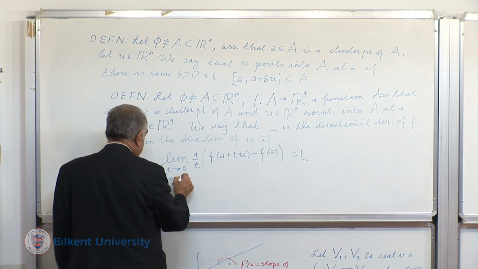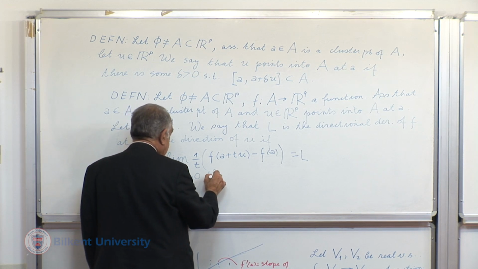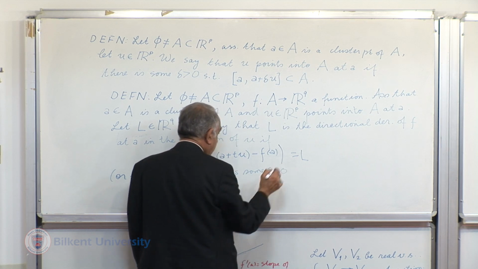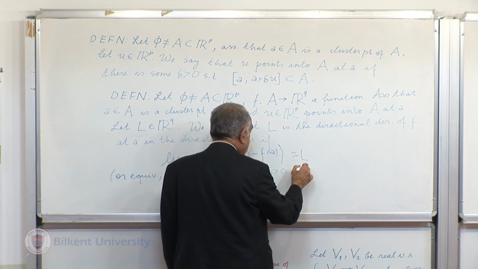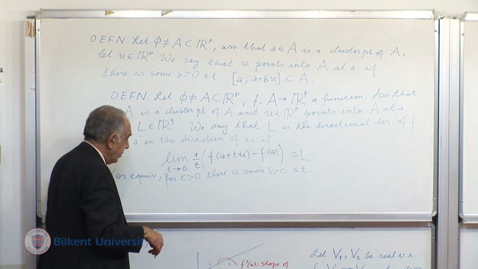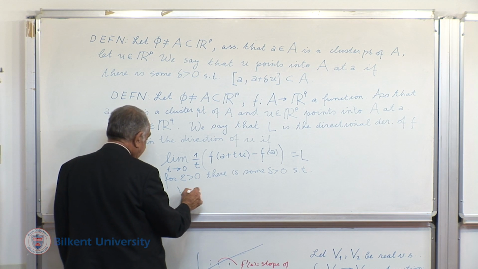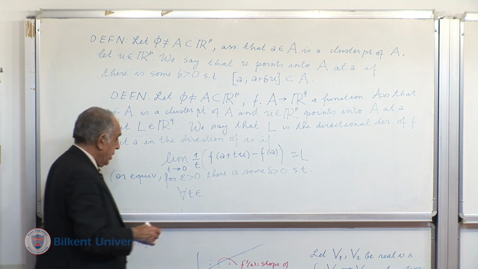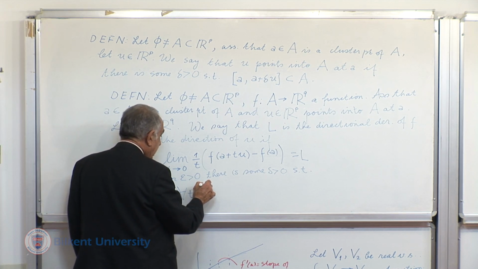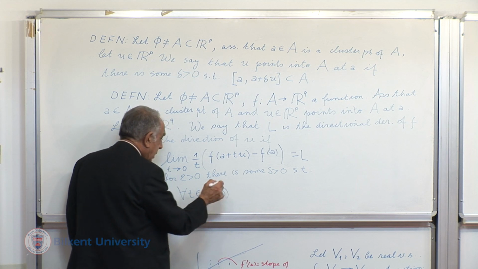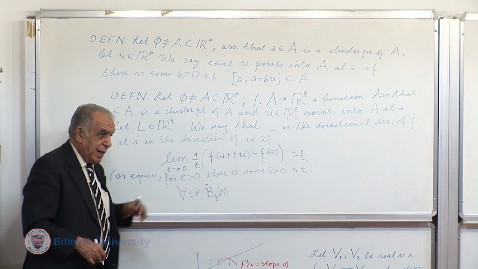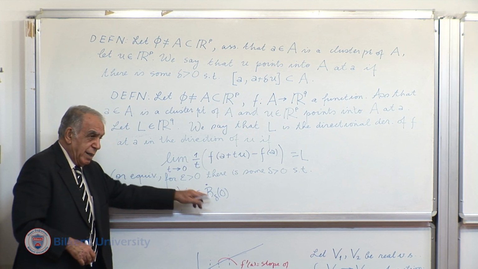for every epsilon positive, there is some delta positive such that whenever I take t, this is the variable which tends to 0, in the punctured delta ball about 0, so well, t is never 0, so this expression is well defined for all t in here.